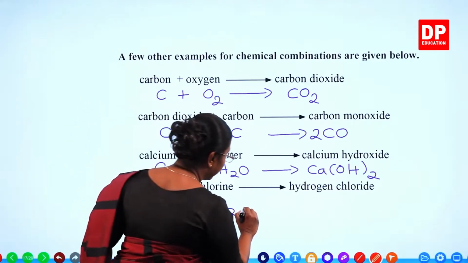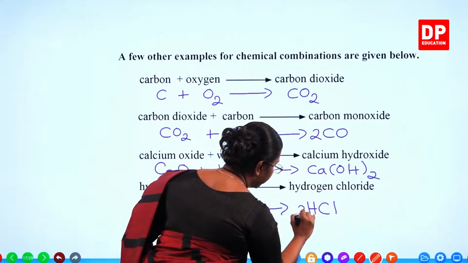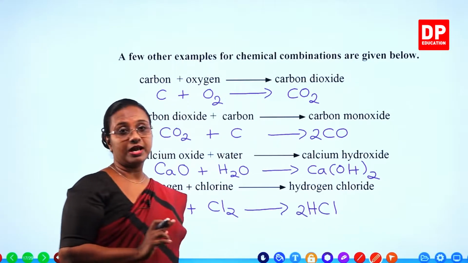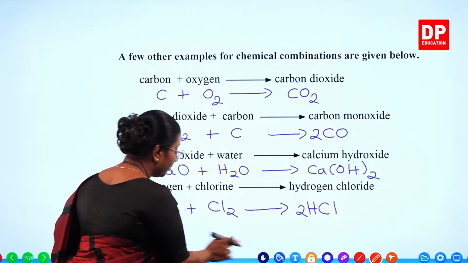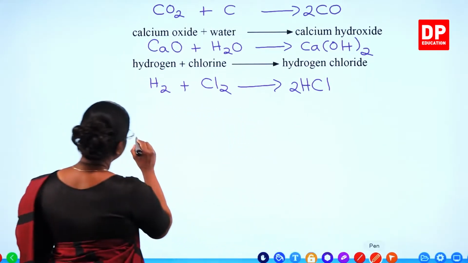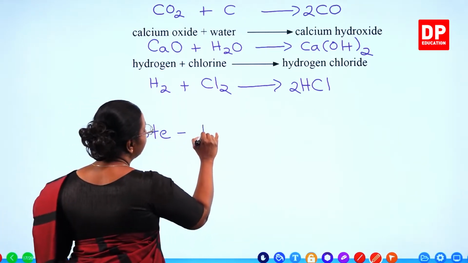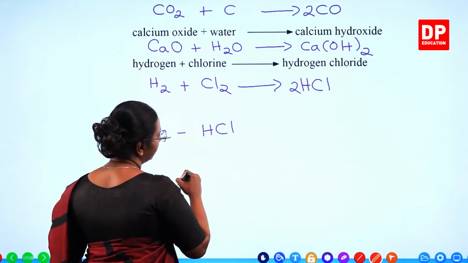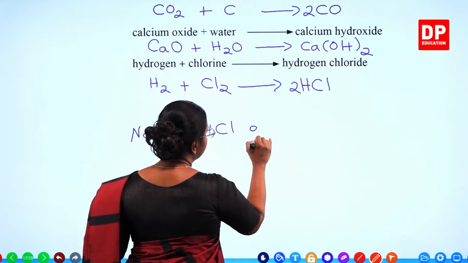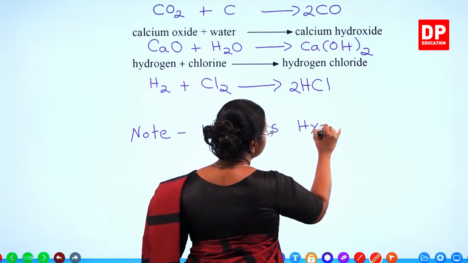When they combine, they form HCl, hydrogen chloride. Here, students, you all have to remember something. As a note, when we have hydrogen chloride, HCl, in the gas form, we call it hydrogen chloride.